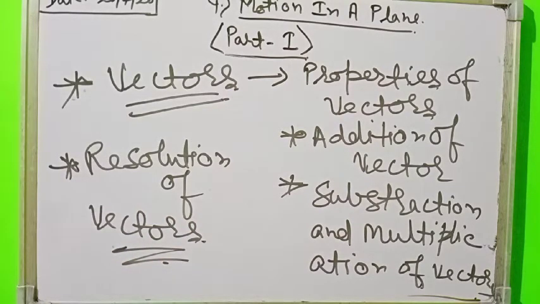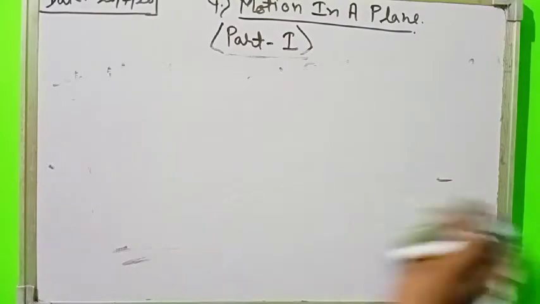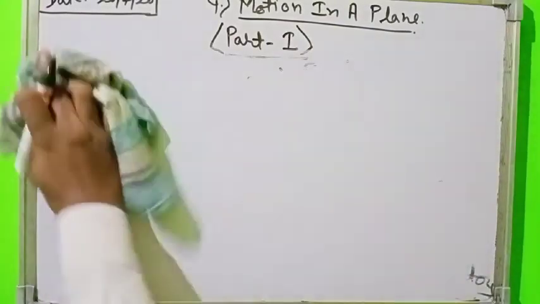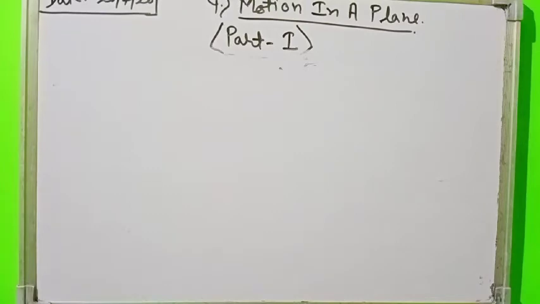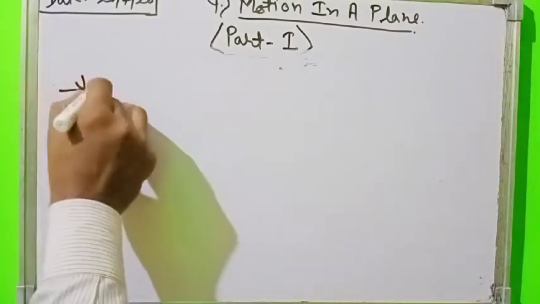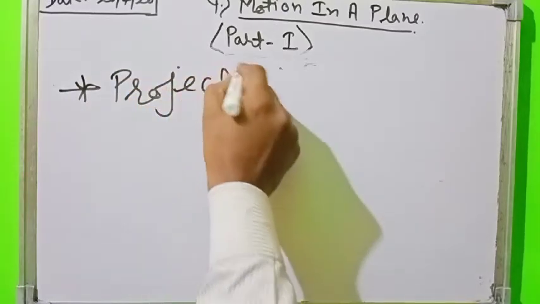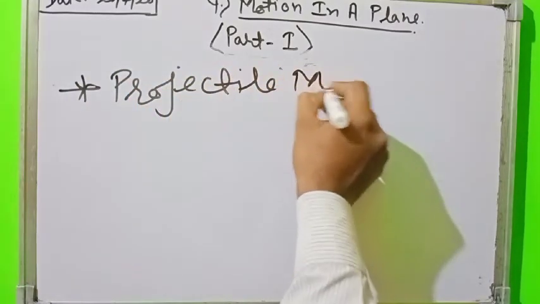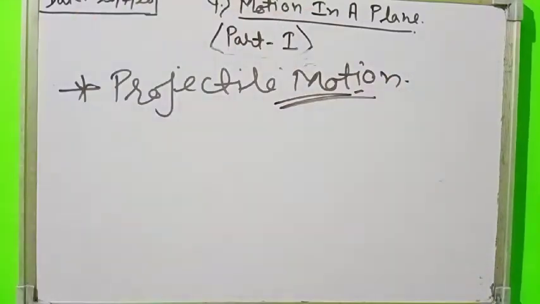After that, with the help of these vectors, we will try to understand some applications of motion in a plane, just like projectile motion. Projectile motion is the second topic.